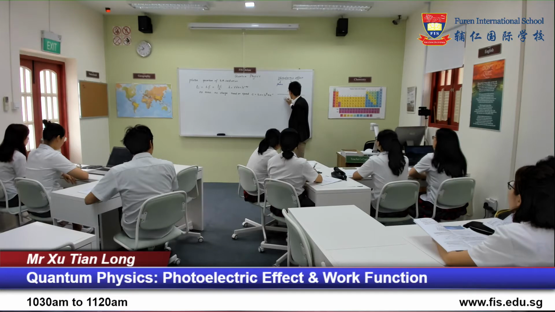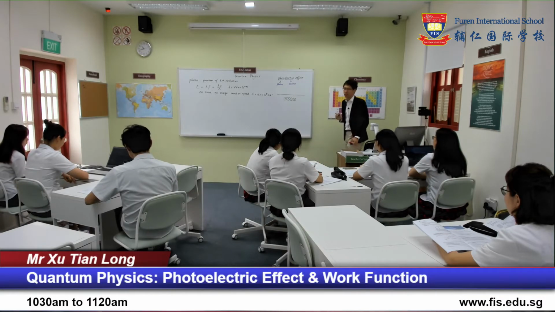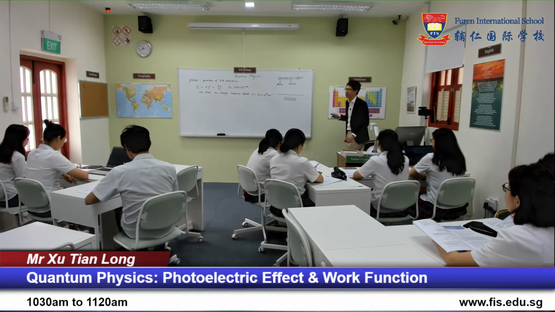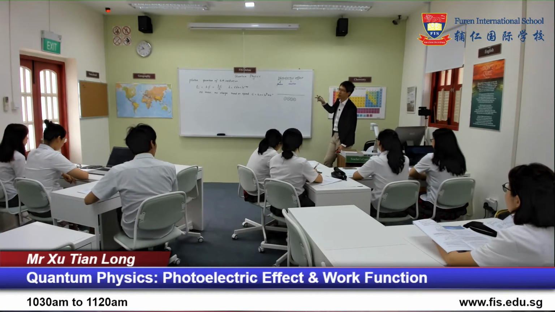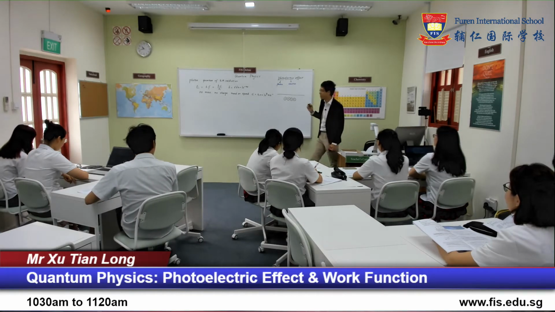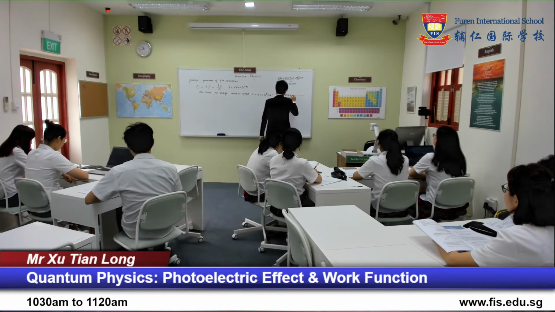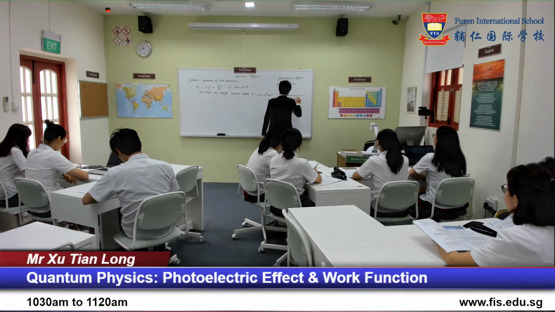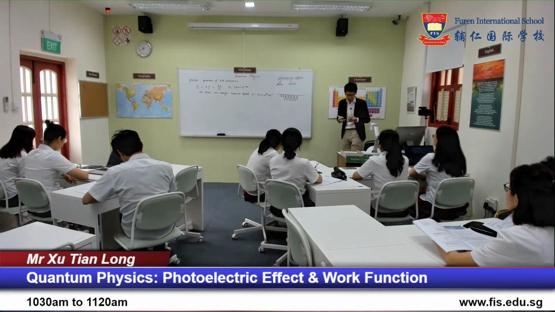You have cation ions at the center, then surrounded by a sea of delocalized electrons, right? So you can see the electrons are in layers. There are different layers of electrons.